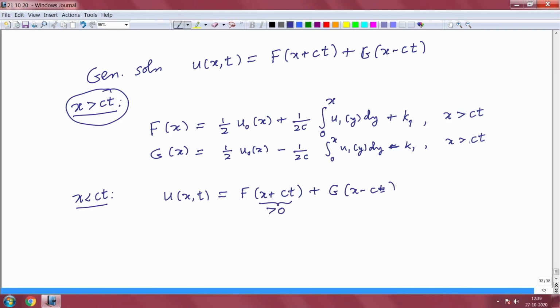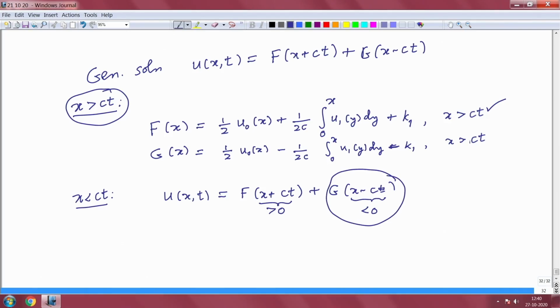We can again use this formula for f, but when x is less than c t, x minus c t is negative, and this formula does not provide us with an expression for g. So, we have to now invoke the boundary condition in order to find this g. That is the only difference between the Dirichlet boundary condition and the Neumann condition.